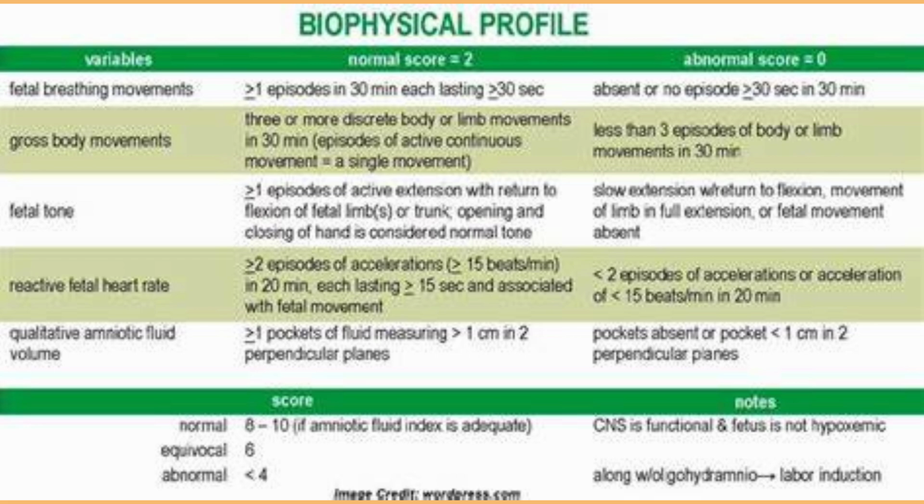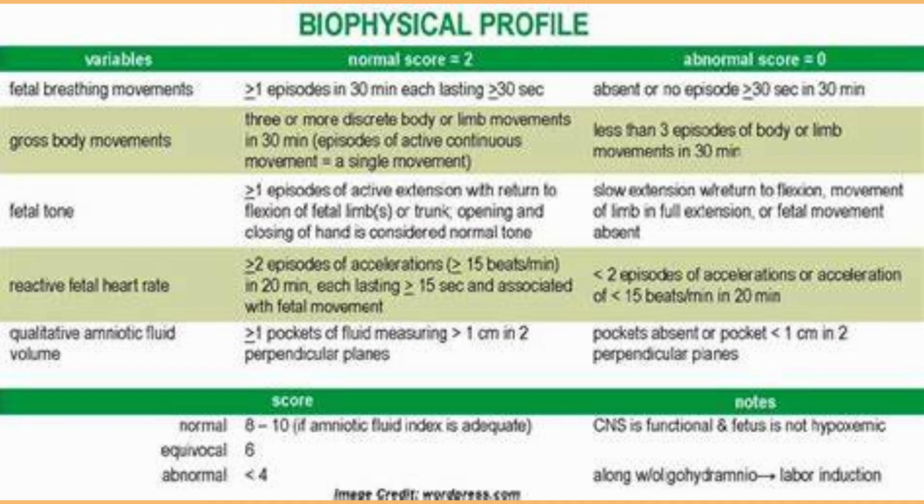For example, for the breathing movements, a score of 2 is greater than or equal to 1 episode of breathing movements in 30 minutes lasting above 30 seconds. For the gross body movements, the fetus has 3 or more discrete body or limb movements within 30 minutes. For fetal tone, greater than or equal to 1 episode of active extension with return to flexion movement.